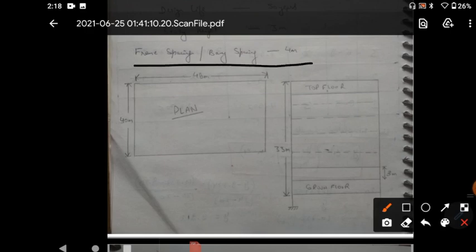With the specifications and dimensions given in the question, this is the plan which I have already made for you. From here you can see that the length of building is 48 meter and the width is 40 meter.